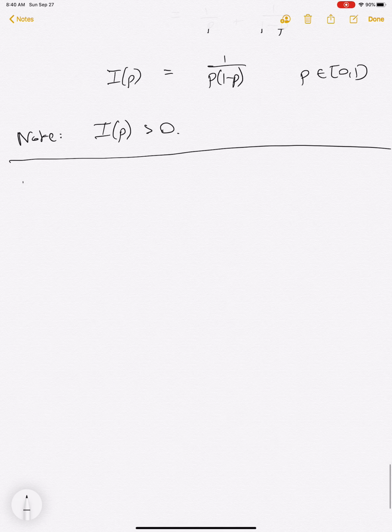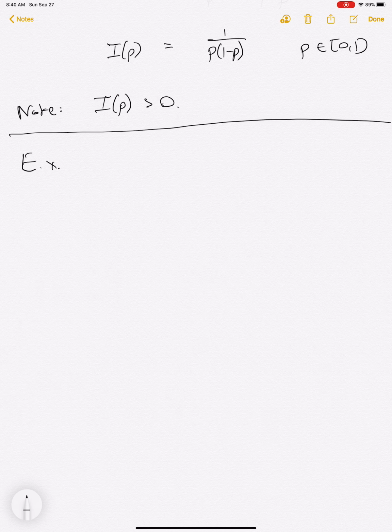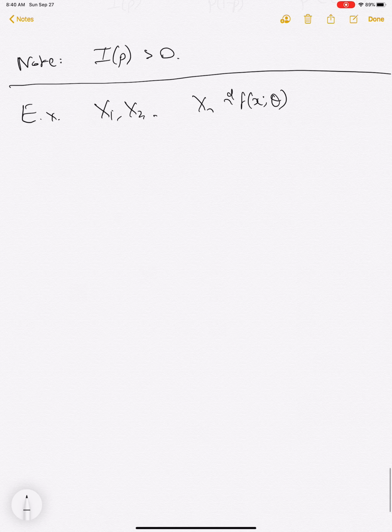We're going to do one more example just so we're really comfortable with this concept of how to calculate Fisher information. This goes back to the example we did at the beginning of class.